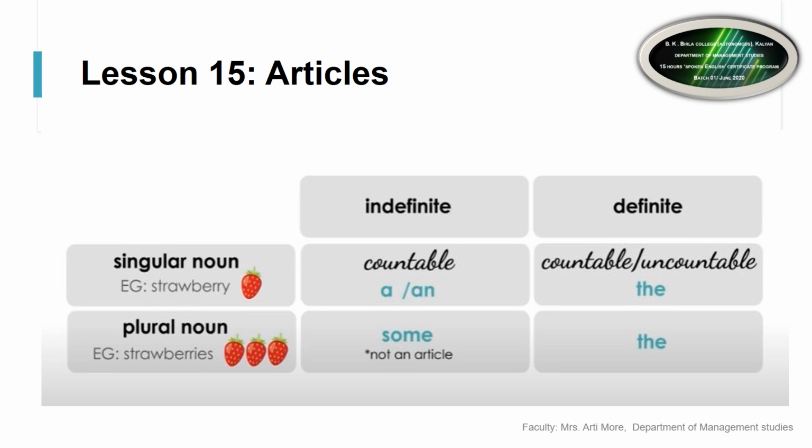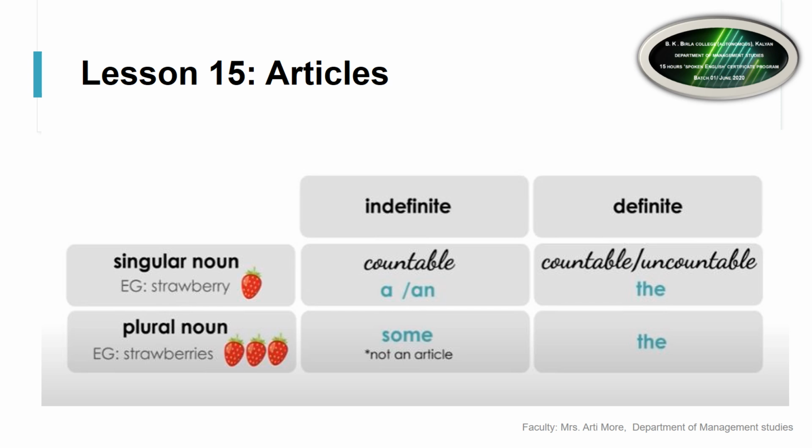So there is a lot to think about countable and uncountable nouns, and it really affects how you use articles. Please look at this table very carefully because I am explaining the articles in a very simple way. If a noun is singular and countable, then you have to use the indefinite article a or an.